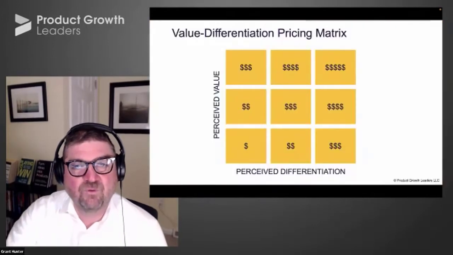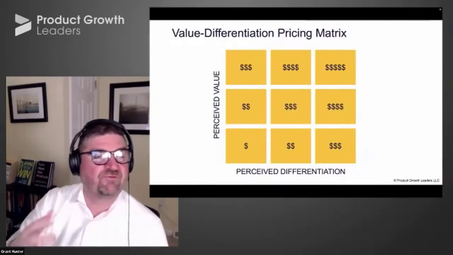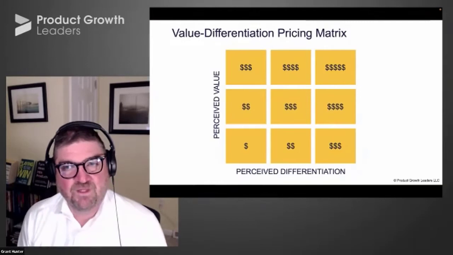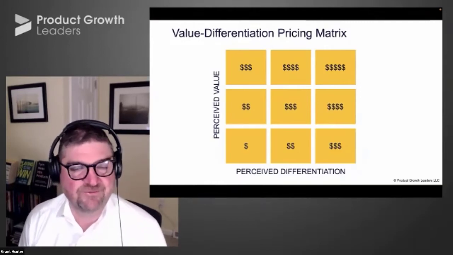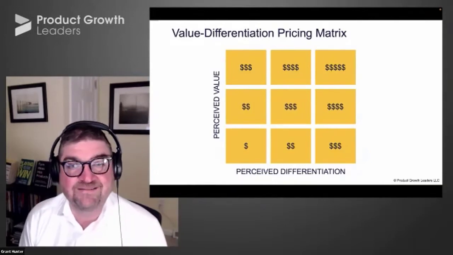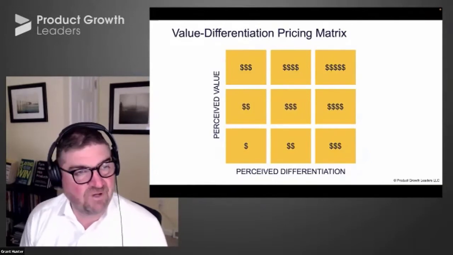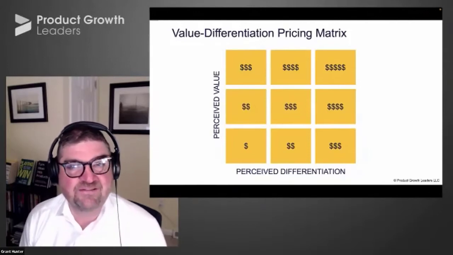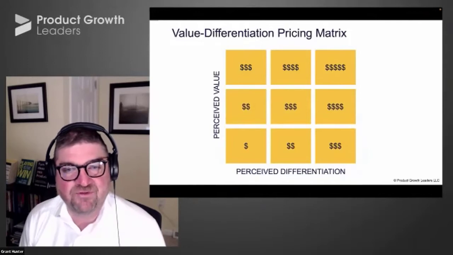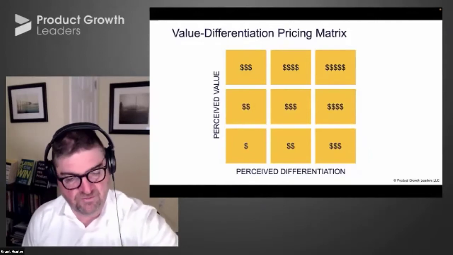And if you think of these two, differentiation and value, we created the value differentiation pricing matrix, with value, specifically perceived value, on one axis, and differentiation, again perceived differentiation, on the other axis. The less value and the less differentiation a persona or segment perceives, the lower your price should be.